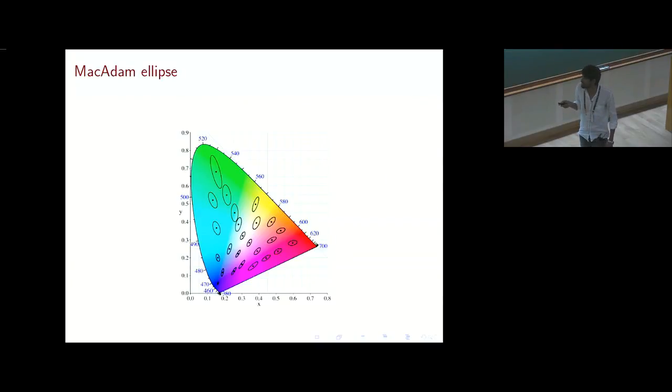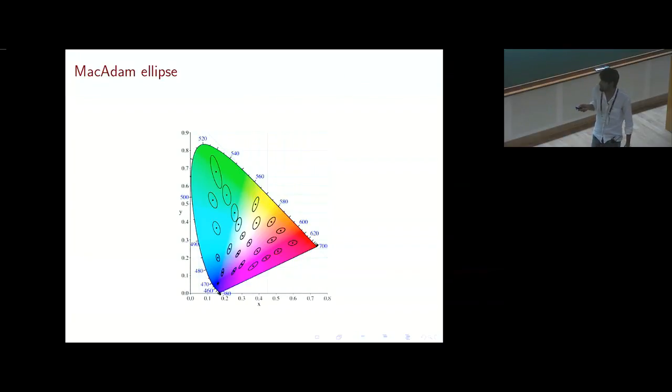Any color on the ellipse is equally distinguishable from the center, and any color inside is indistinguishable from the center of the ellipse. So the idea is to come up with a similar thing for quantum states: a metric which tells us our ability to distinguish quantum states.